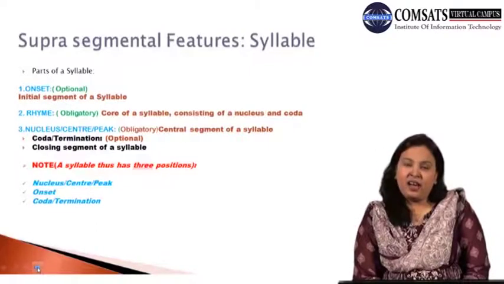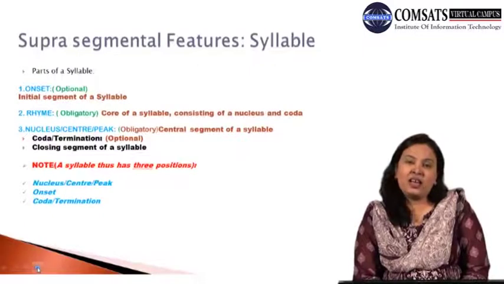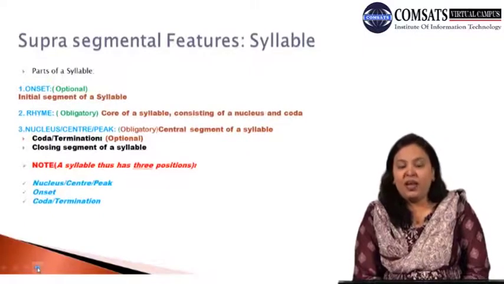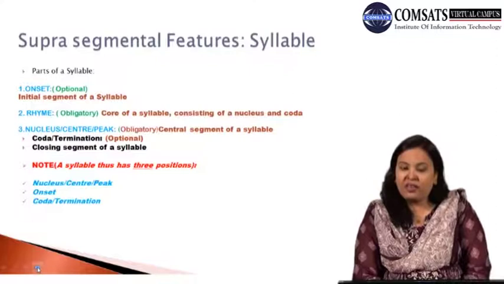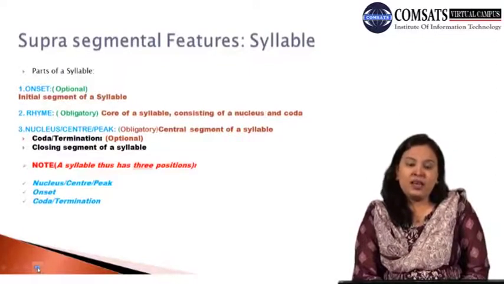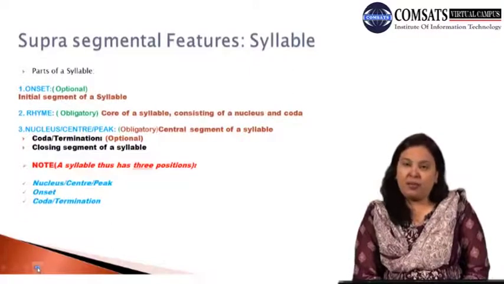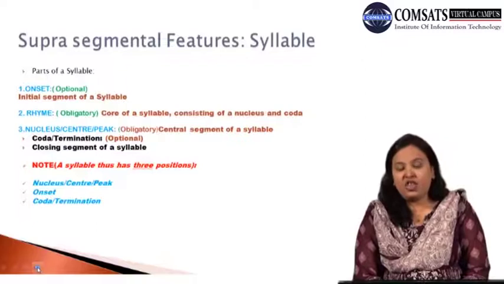And inside that rhyme we have 2 further parts, the nucleus and coda. Now what is a nucleus? The nucleus is the center or peak of a syllable, the obligatory part of the syllable. Coda is the termination and closing segment of a syllable.